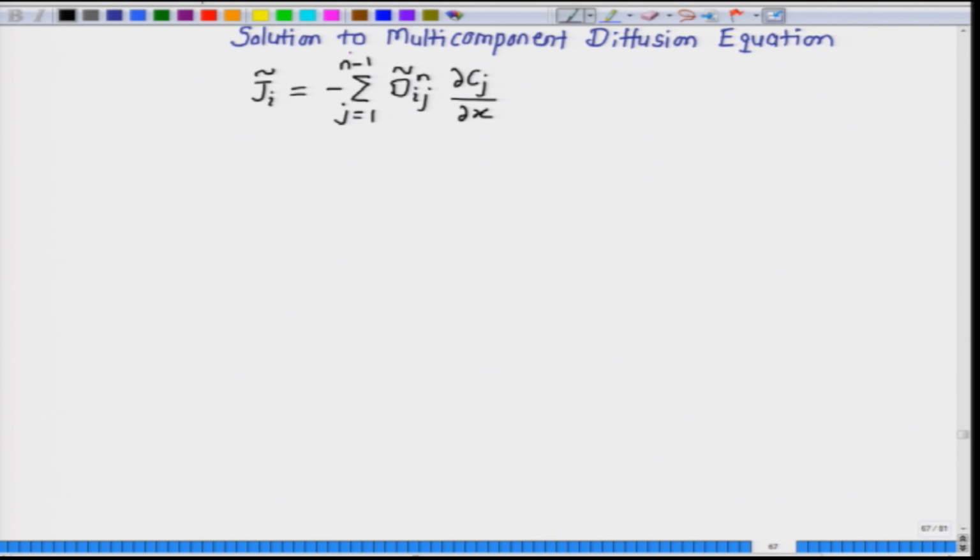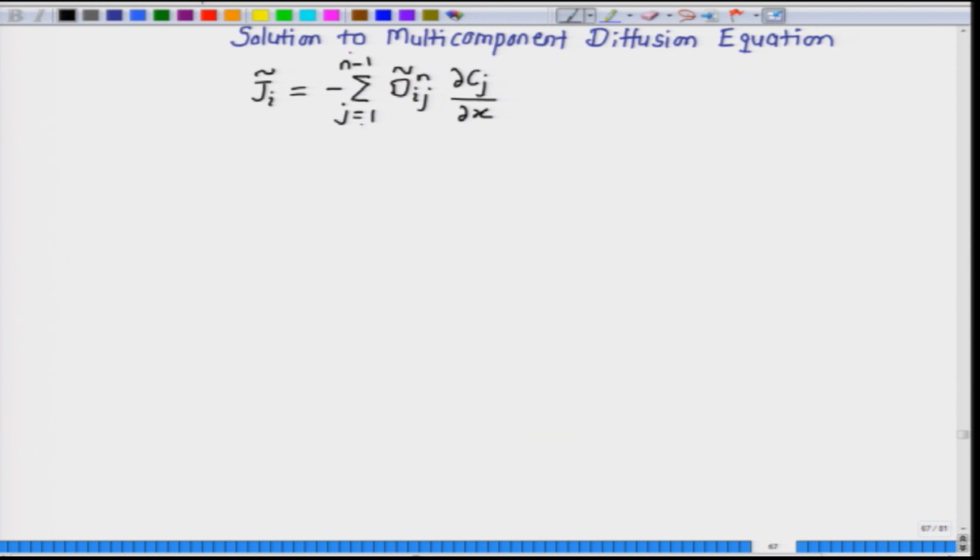So, the flux of component i is related to the gradient of component j through the interdiffusion coefficient D_ij tilde n. The superscript n here denotes that component n is taken as the dependent component. Now, there are n minus 1 independent concentration gradients, that is why j varies from 1 to n minus 1.